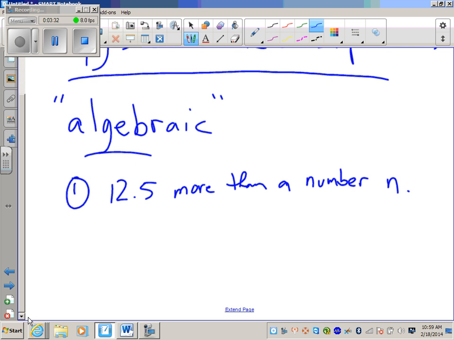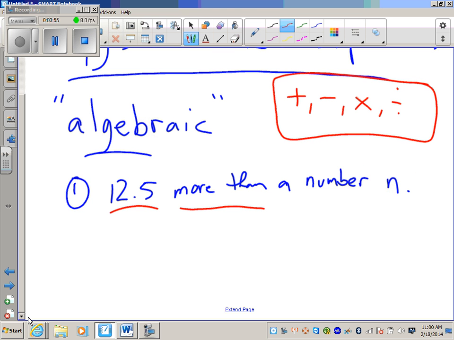What we need to figure out is, what is that really saying? What problem is that? When you see phrases like, well, obviously you know what 12.5 is. It's a decimal. When you see more than, we think of usually any 4 of their basic operations.